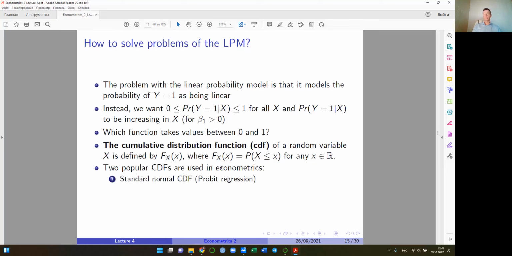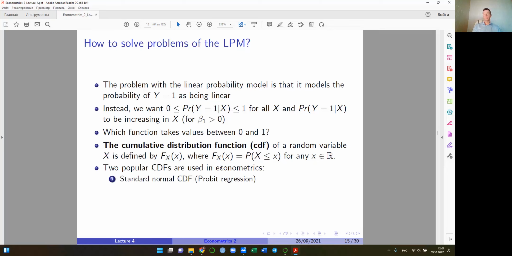So we start with the Probit regression. How does the Probit regression work, what are the mechanics of this model? It models the probability that y equals 1 using the cumulative standard normal distribution function evaluated at the following point. So we use a standardized random variable z, which is a linear function of x.